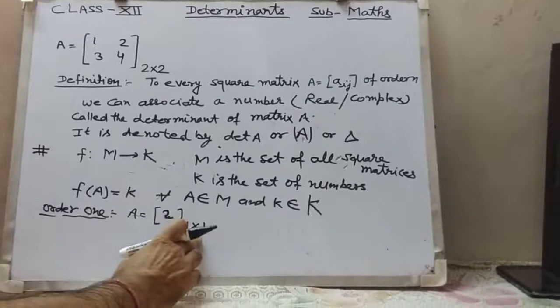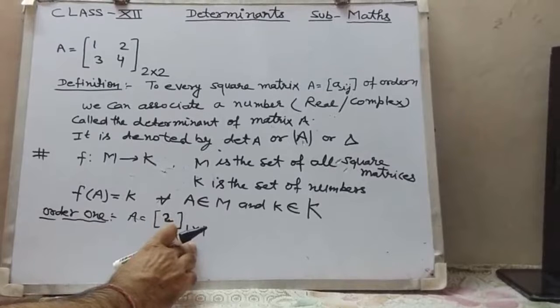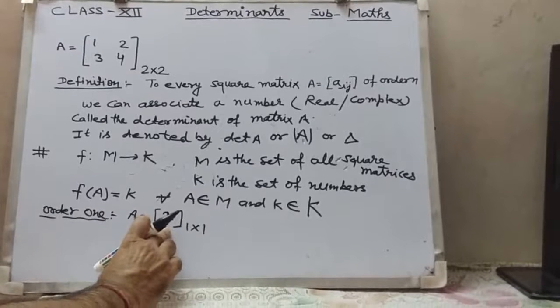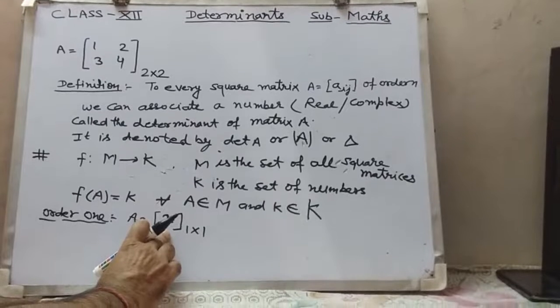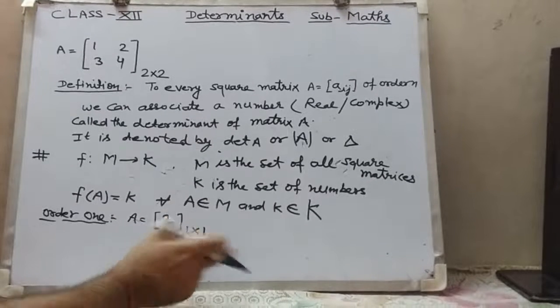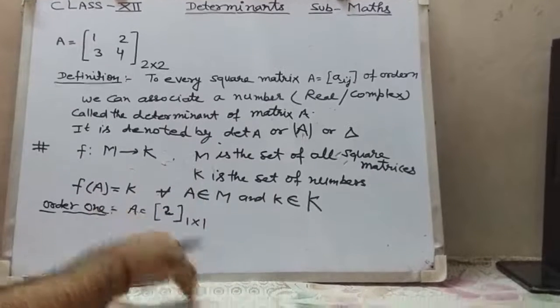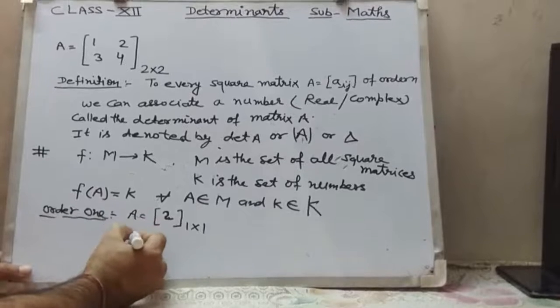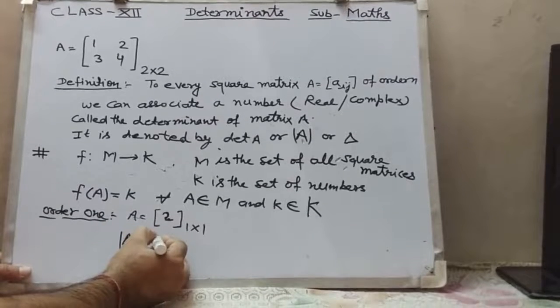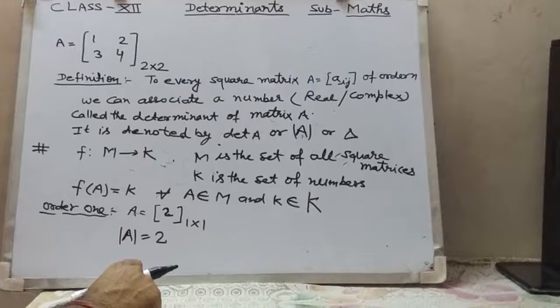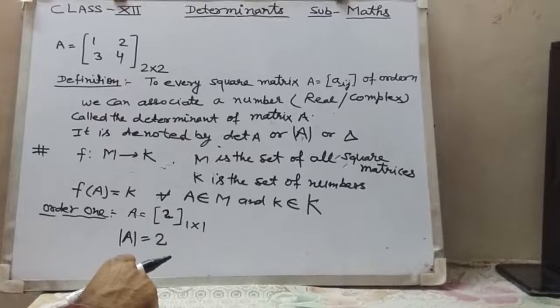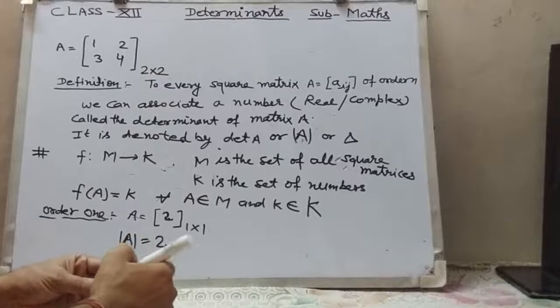So A is a square matrix of order 1, its element is 2. If we want to find the determinant of this matrix, then its determinant will be its element itself. Means determinant of A is equal to 2. So for every square matrix of order 1, its determinant is same as its element.